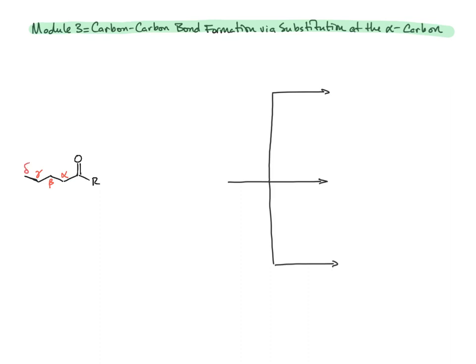So what are the R groups that we're going to be concerned with? What are the functional groups? If R is hydrogen or carbon, we have an aldehyde or a ketone.